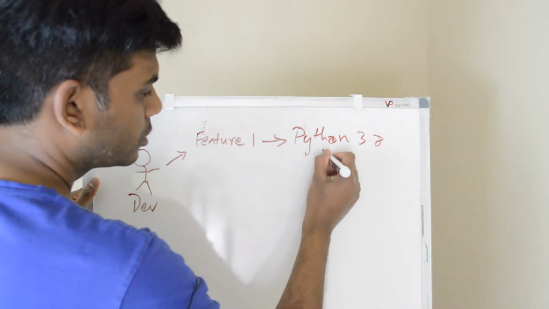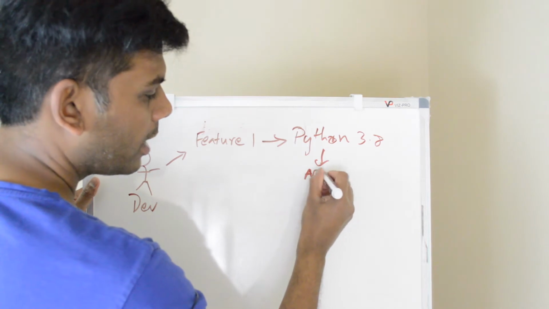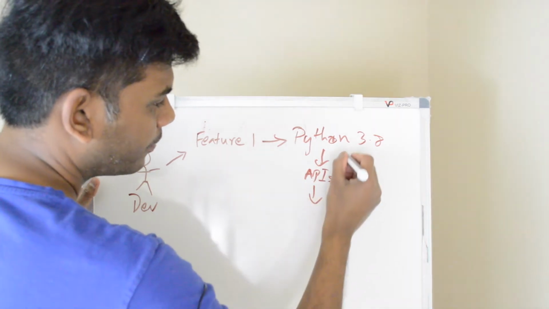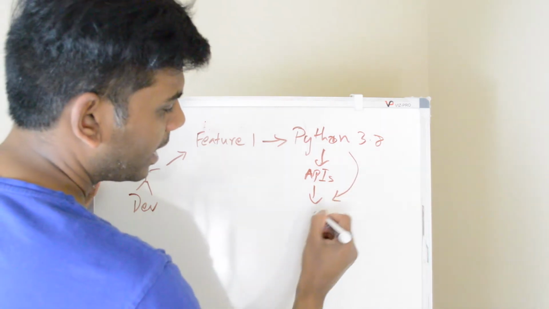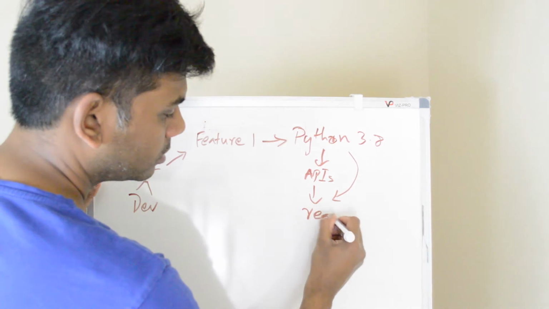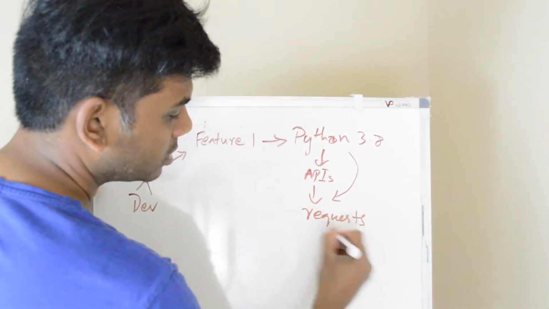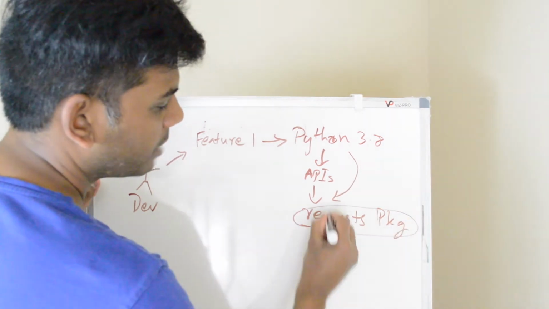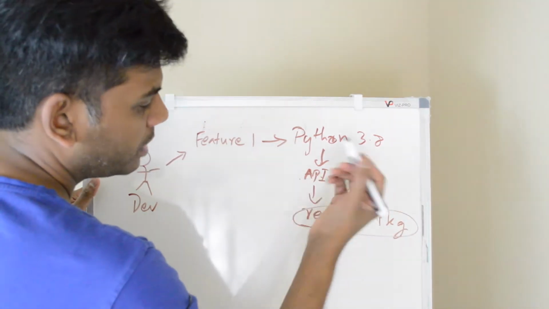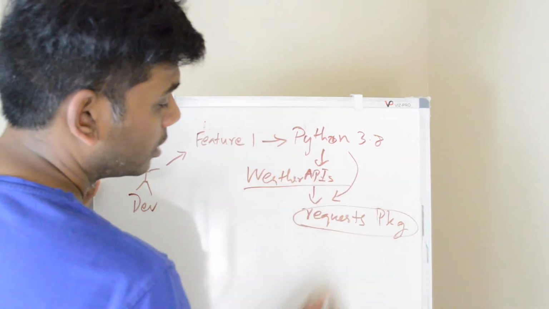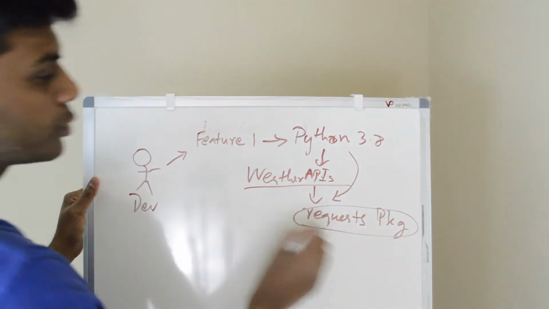This code is basically going to call some APIs, and for that he needs a Python package or library called requests. Using this package he'll call some APIs, and this could be anything like a weather API or whatever, for his company. So this is what he needs.